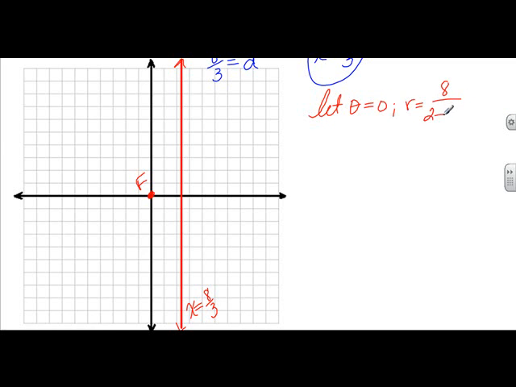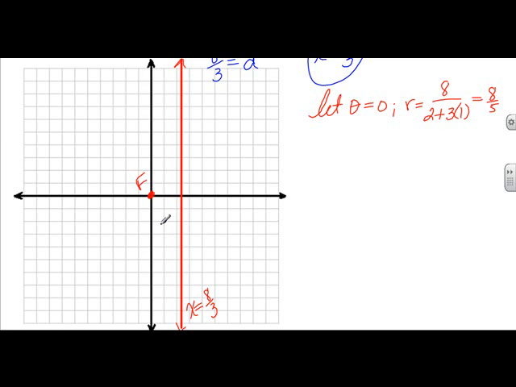So one of my vertices is 8/5 in polar form. 8/5 is less than 8/3, about 1.6.